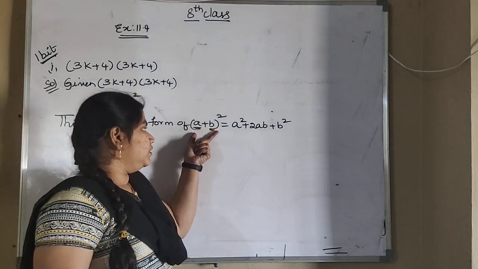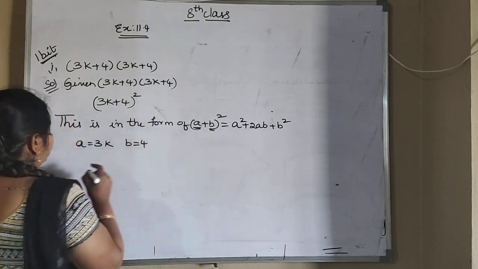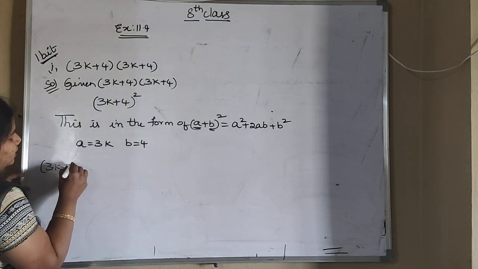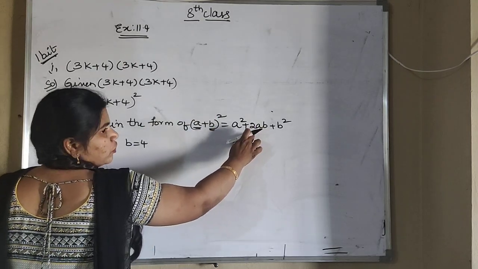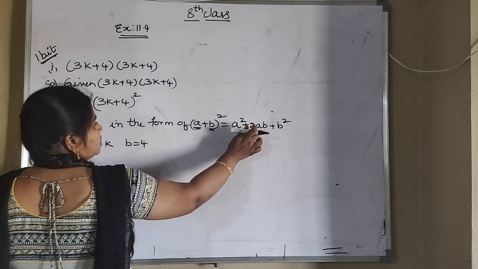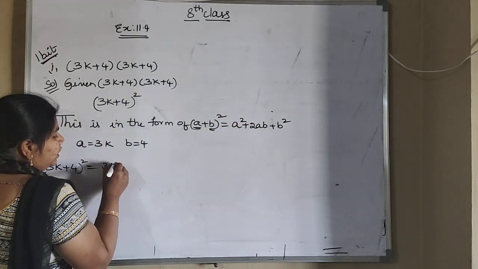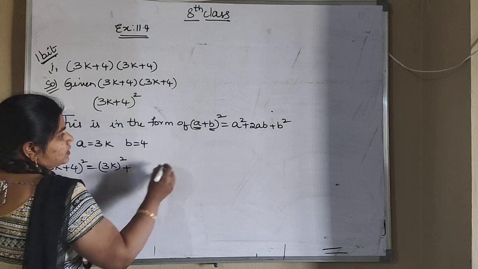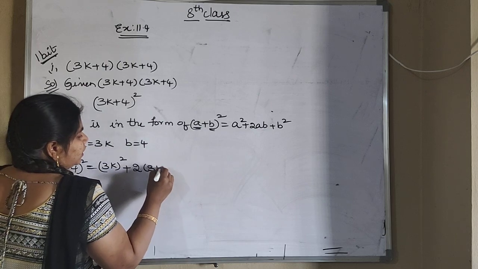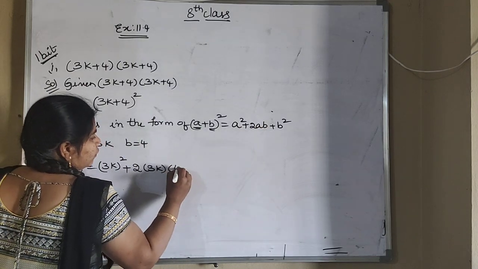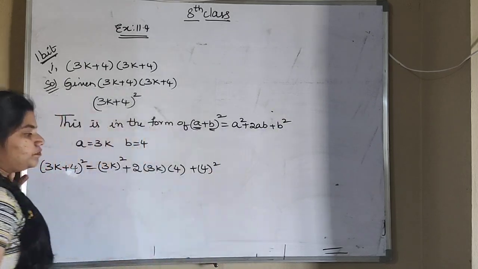Now 3k plus 4 whole square can be written in this form: a square is 3k whole square, plus 2 is a constant, the a value is 3k, the b value is 4, plus b square is nothing but 4 square.